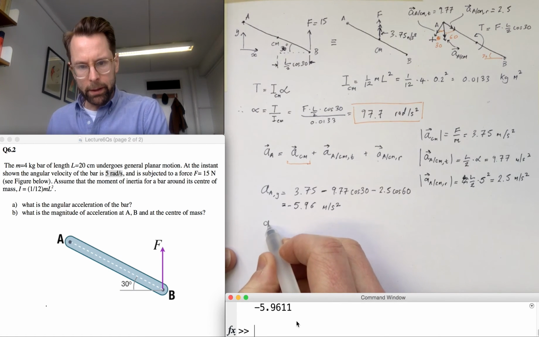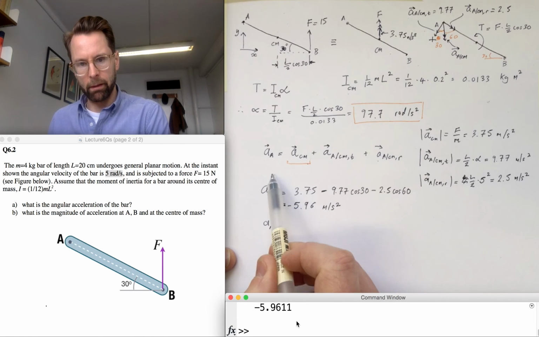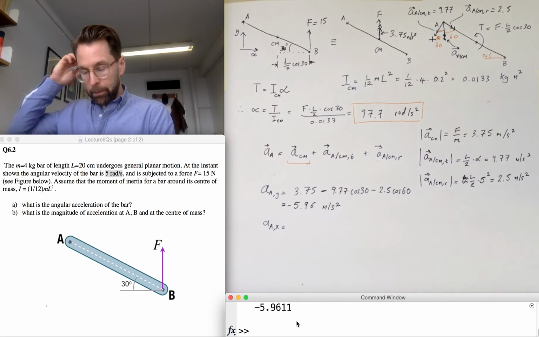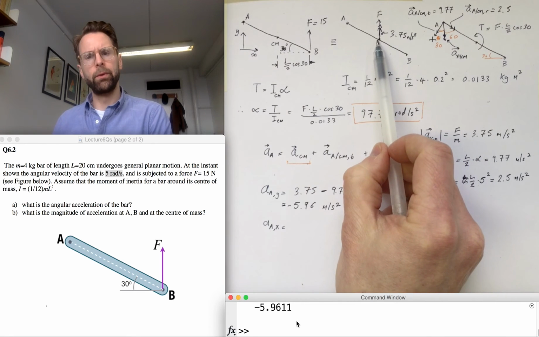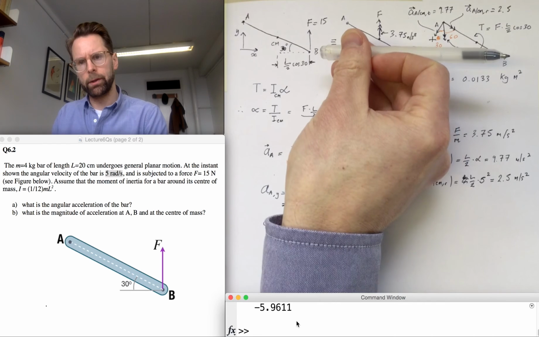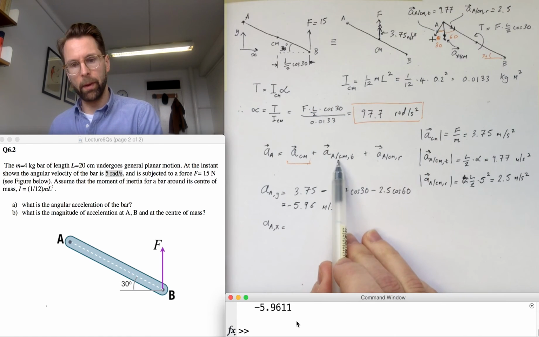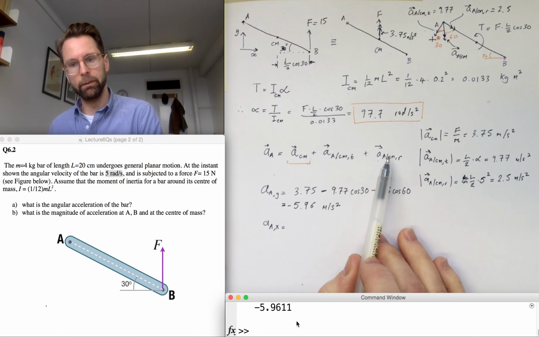Now let's calculate the x component of the acceleration of A. The translational component doesn't contribute because we're looking at the component in this direction, but the two x components from these two vectors do.